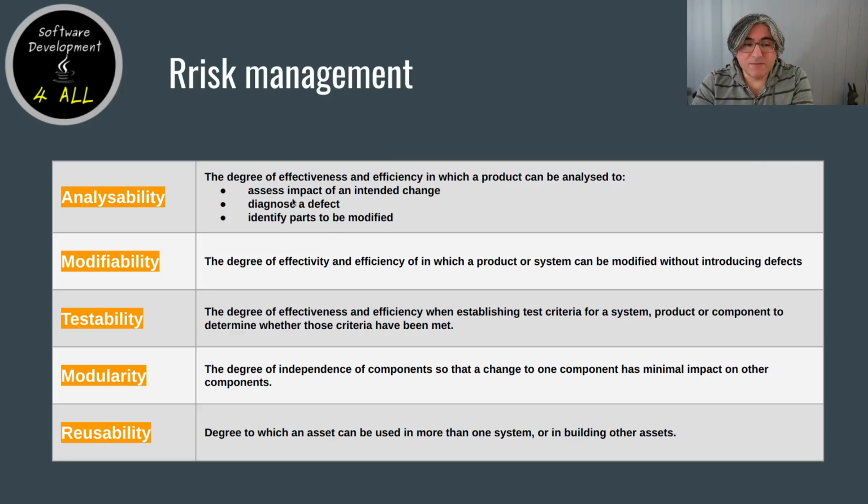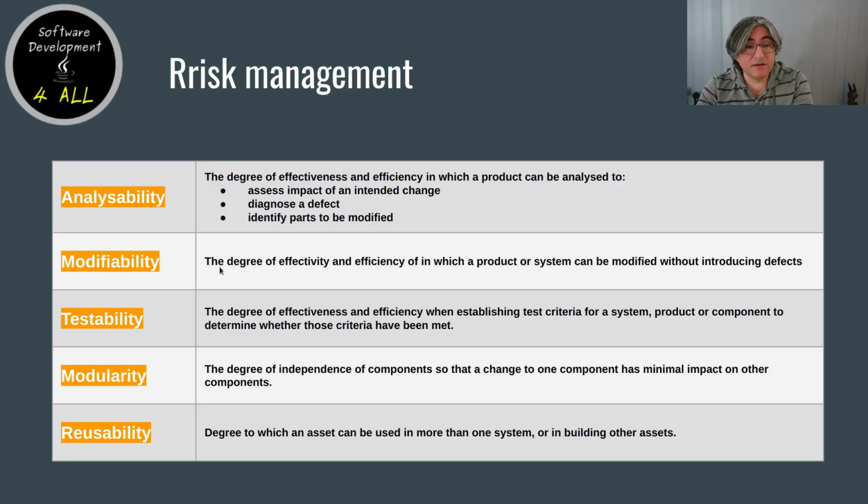So analyzability is, as I said before, the degree of effectiveness and efficiency in which a product can be analyzed to assess impact of an intended change, diagnose a defect, identify parts to be modified.